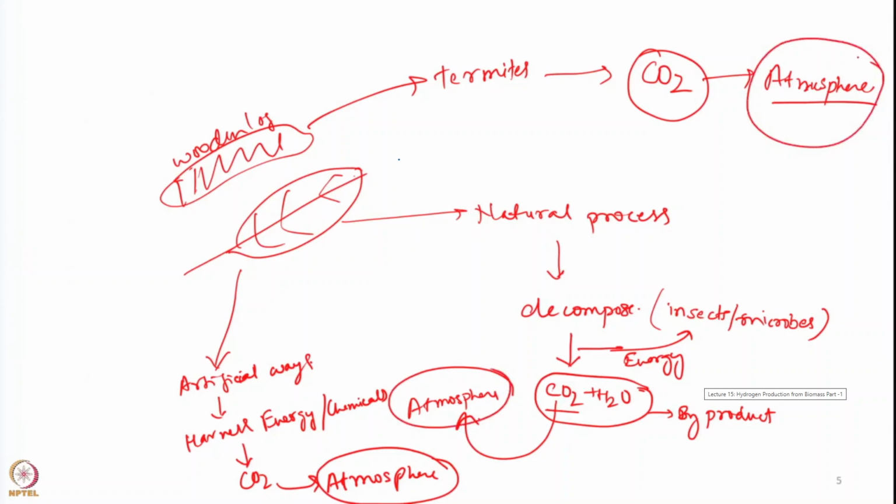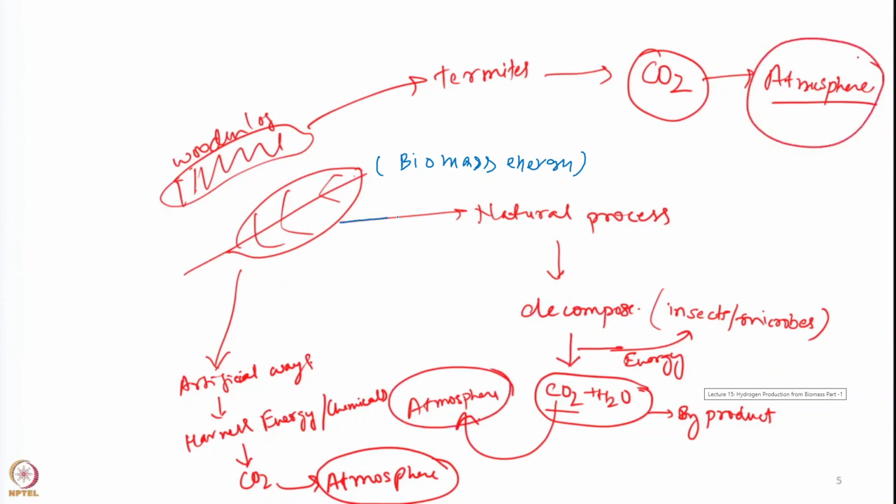Suppose tree leaves are also a biomass source. It can generate biomass energy actually. How can it generate biomass energy?